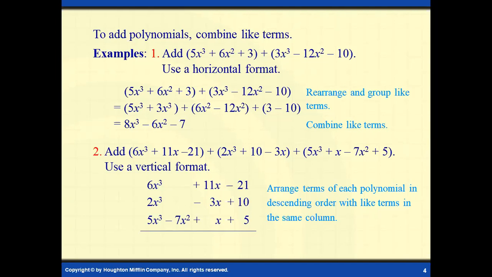Now let's look at a much more complicated problem here. We want to add 3 different polynomials together. So let's add these together. Add 6x cubed plus 11x minus 21.